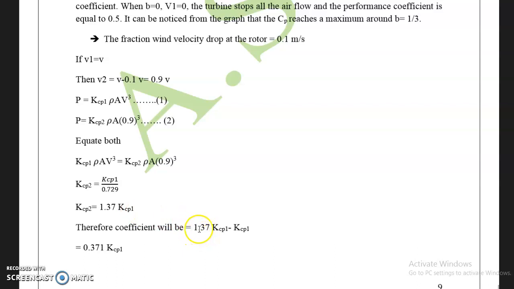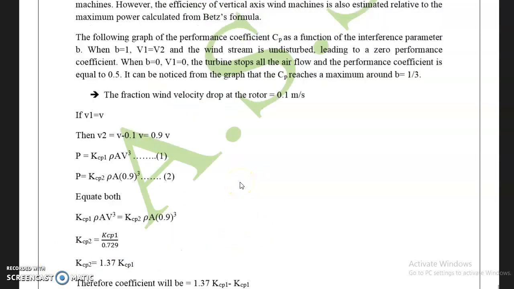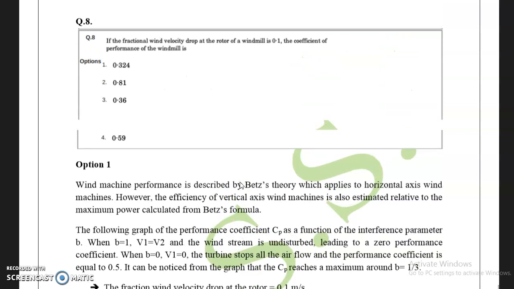So it will be 1.37 KCP1 minus KCP1, which is equal to 0.371, and the nearest answer given by NTA is 0.324, that is option 1.